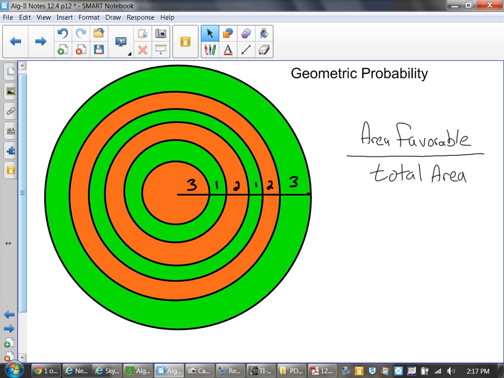What would you do? 144. I don't know. What's the radius of the large circle? Isn't it 144 pi? I don't know what that is. No, it's not. All right.